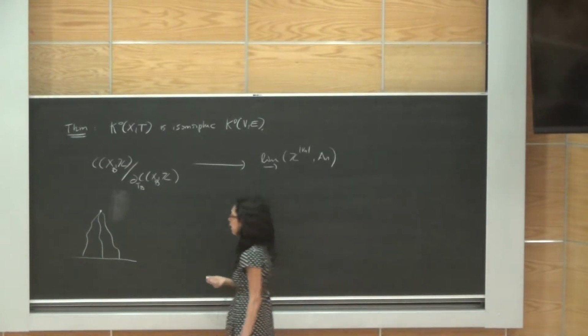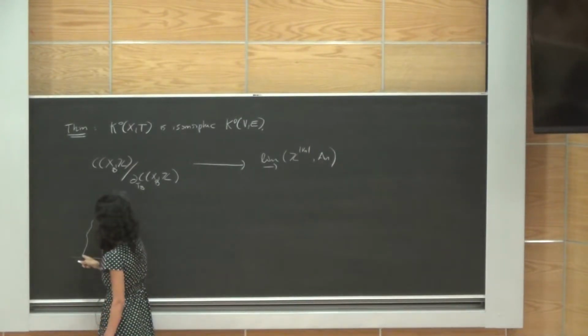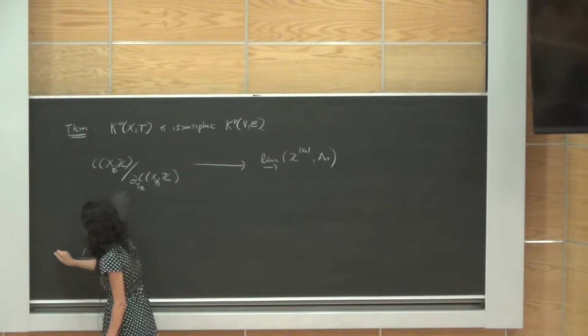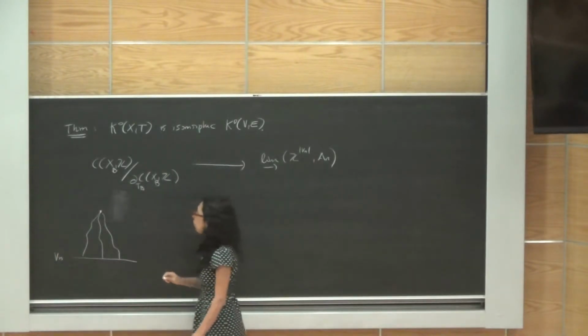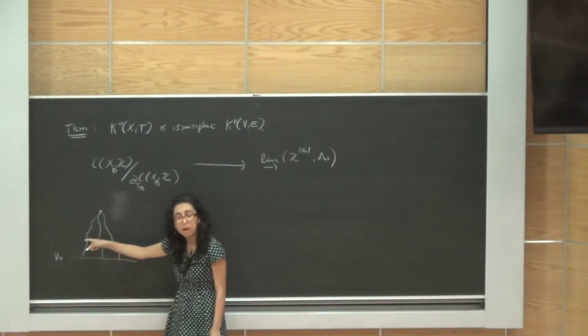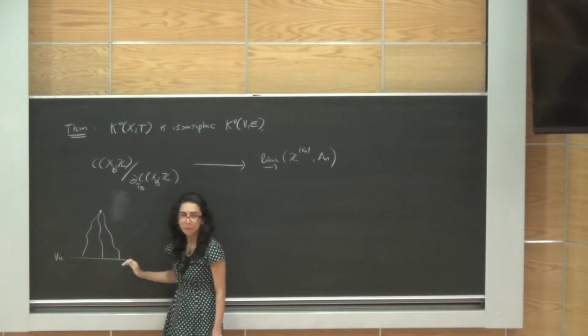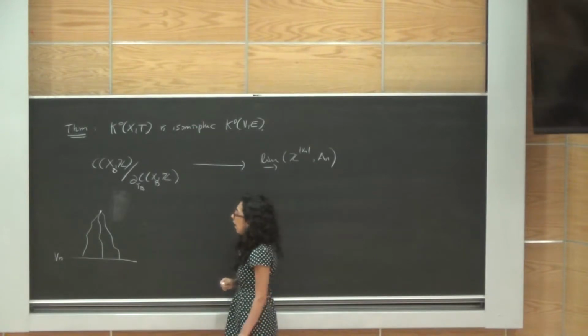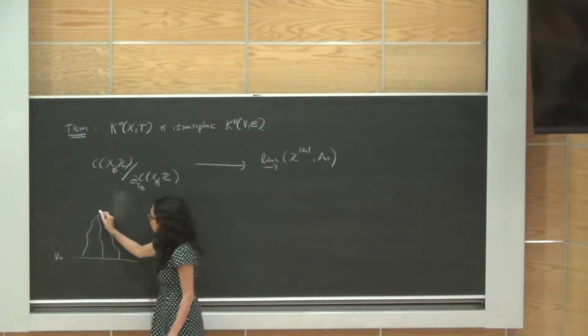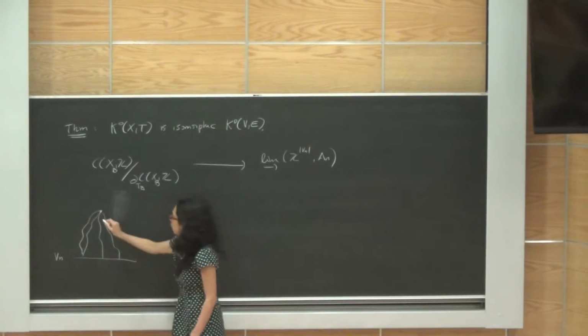For example, the cylinder set of length n, meaning all the cylinder sets defined by the paths that arrive at V_n.